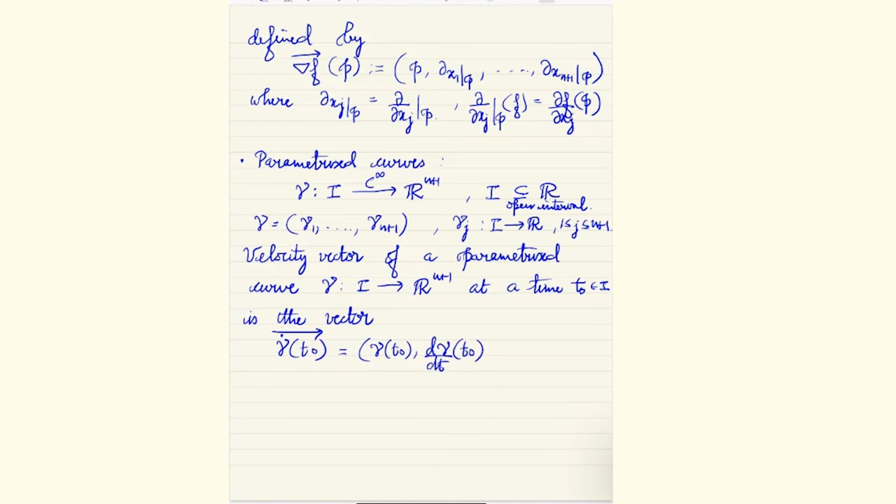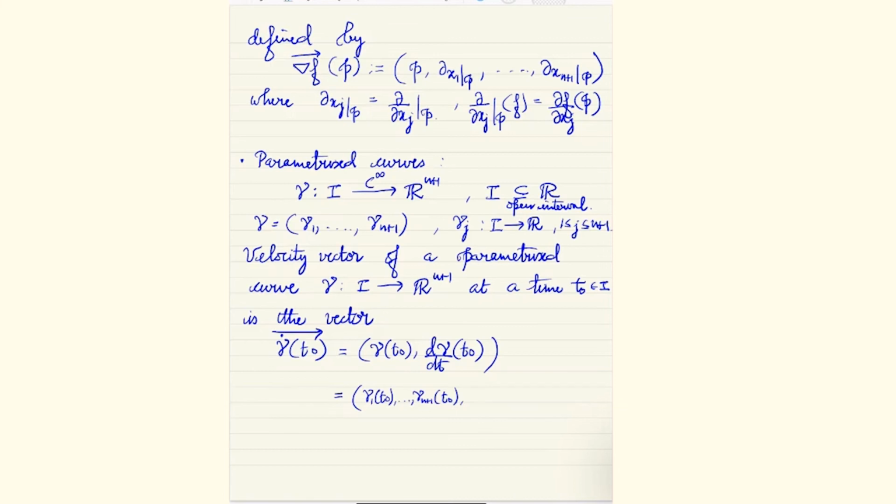Since gamma is a map from an open subset of R to R^(n+1), you could write the component functions explicitly, as a tuple gamma 1 at t naught to gamma n plus 1 at t naught.